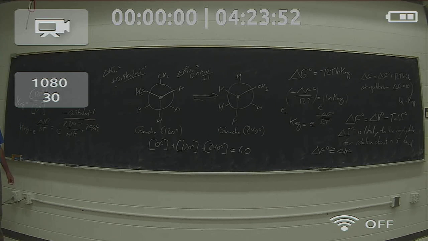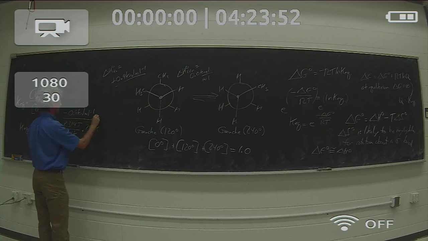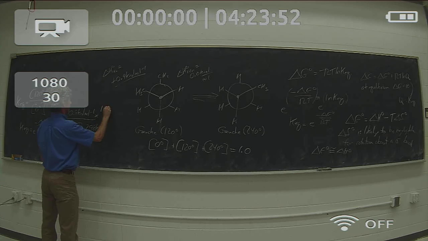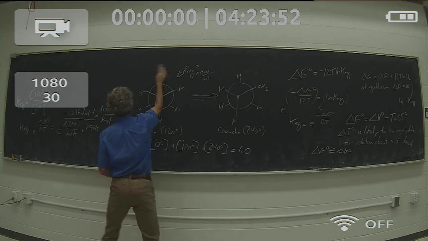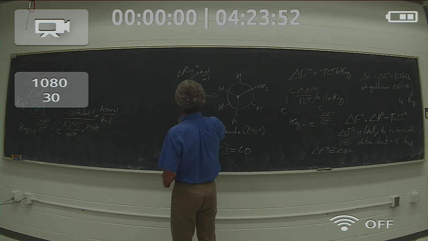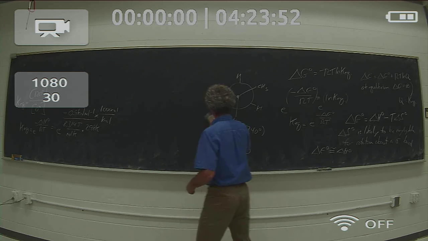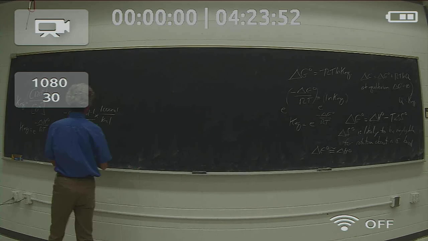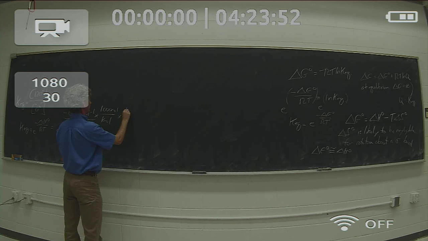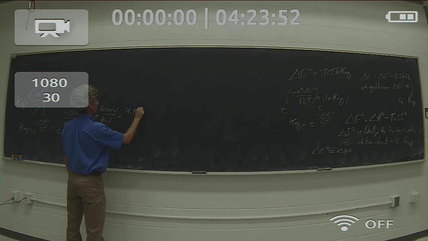And now I just have to convert from kilocalories to calories, 1,000 calories per kilocalorie, and from calories to joules, so that my units will cancel properly. So I can't have units where I take an exponential. So I'll have to multiply that by 4.184 joules per calorie.